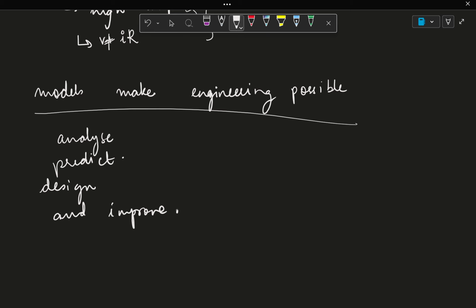Without models, every new circuit would require endless experiments. Instead, we should be able to predict how a circuit should perform before building it. We shouldn't have to perform empirical experiments on every little tweak we want to make. We should be able to predict how it would behave given a tweak.